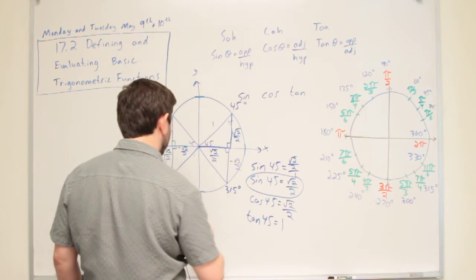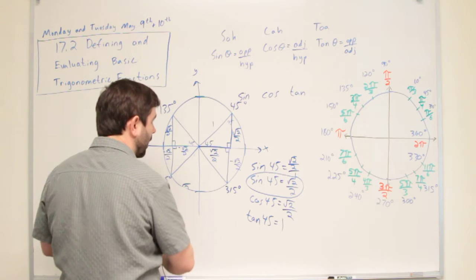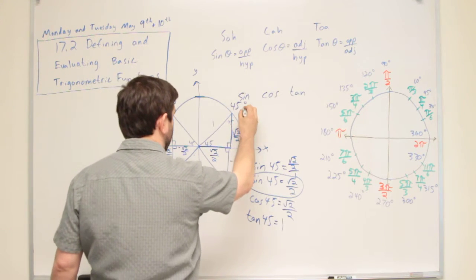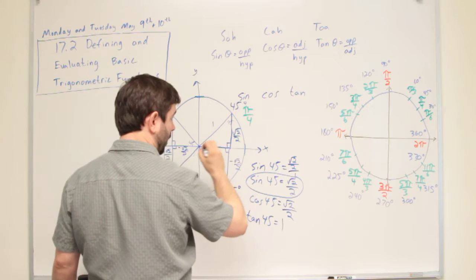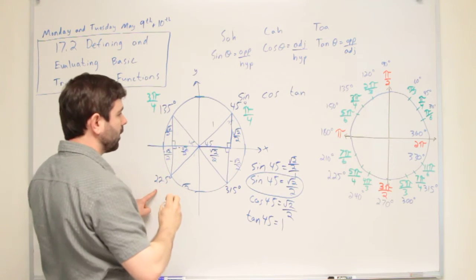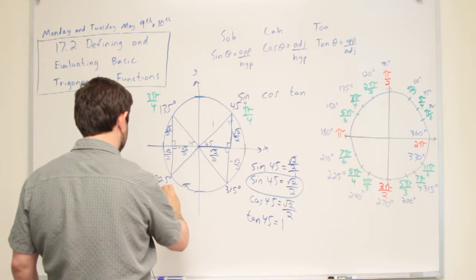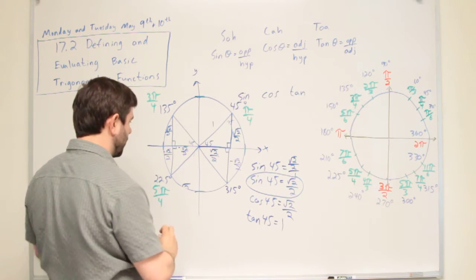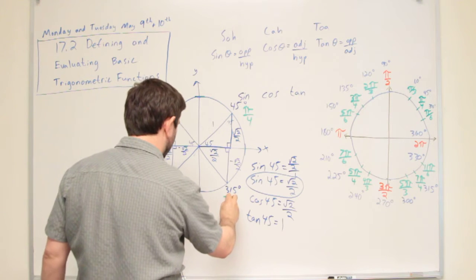Okay, and then we could also write our radians: pi over 4, 3 pi over 4. This is 5 pi over 4. And this is 7 pi over 4.